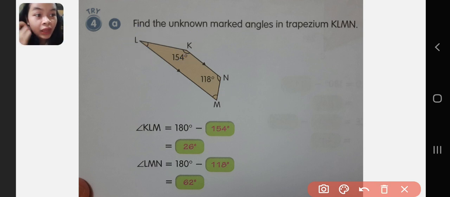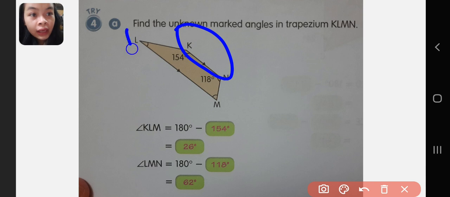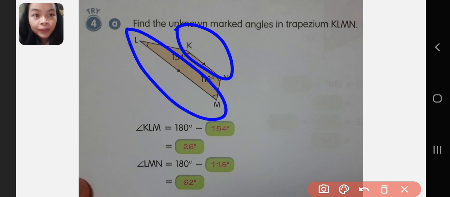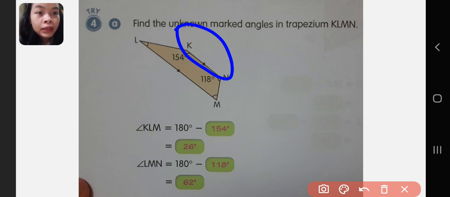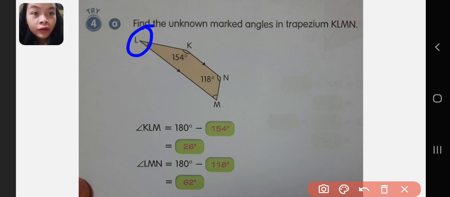Before that, I want to ask you, which one is the parallel line of trapezium KLMN? Of course, KN and LM. So the angles between KN and LM add up to 180 degrees. So KLM equals 180 degrees minus 154 degrees equals 26 degrees.